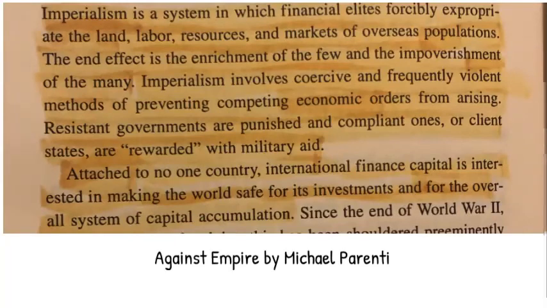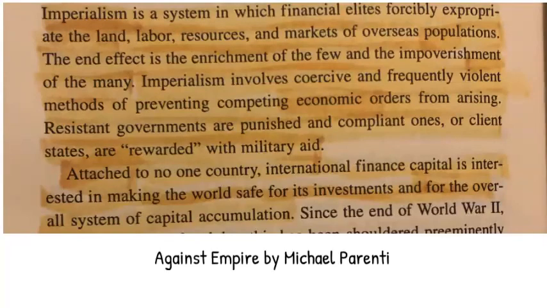Now, this ties into everything we've been going over throughout this whole episode, is what is in this paragraph. Now, we saw the land, labor, resources, markets, and we saw how the financial elites access these through coercive means. And we see how any economic policy taken by country X, for example, which would be nationalizing a resource, which would be collectivizing land.